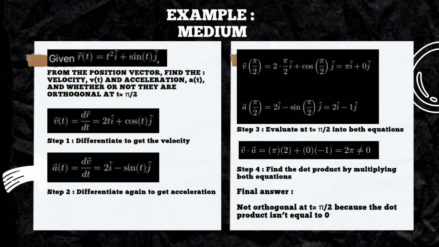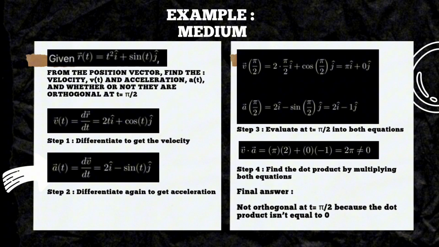Then we substitute the given value t equals pi over 2 into both equations, and we get velocity equals pi i plus 0j, and the acceleration is 2i minus 1j.